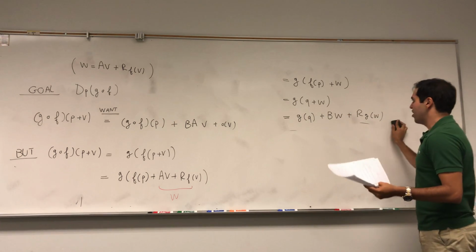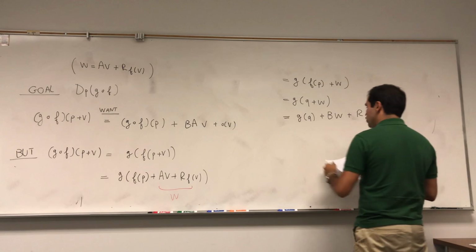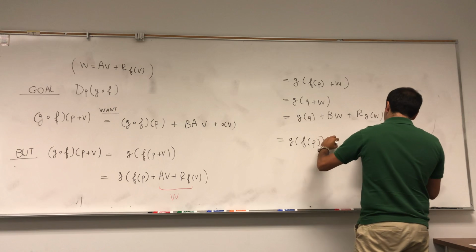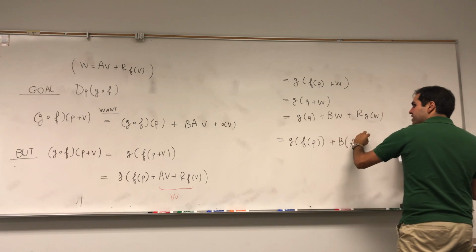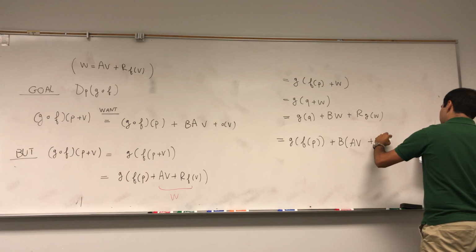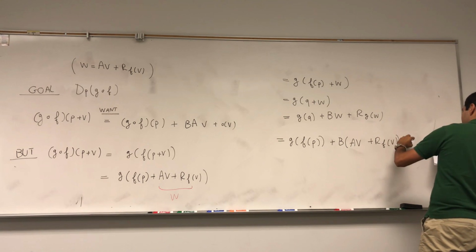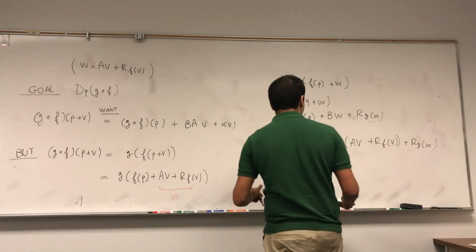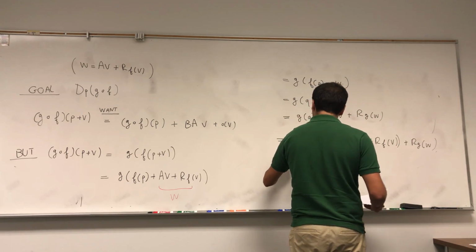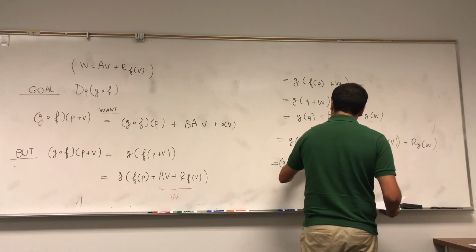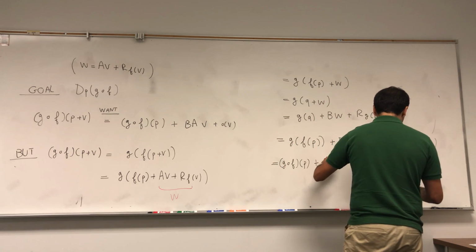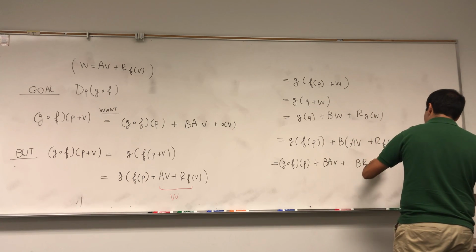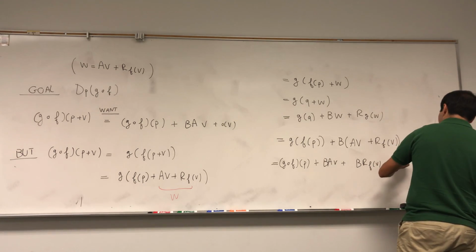Excellent. What's next is just unraveling all the terms. So g of q, again, that's g of f of p, plus B times Av plus our remainder term, r f of v, plus the remainder of g, r g of w. And let's just expand it out. G composed with f of p plus BAv plus B r f of v plus r g of w.